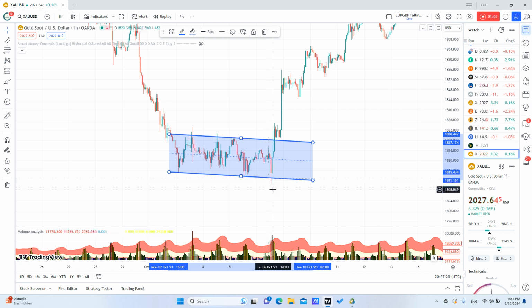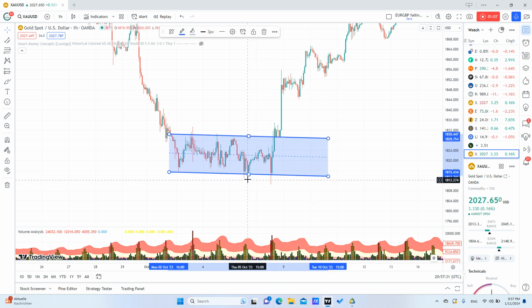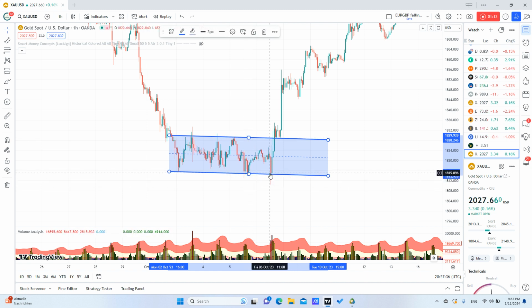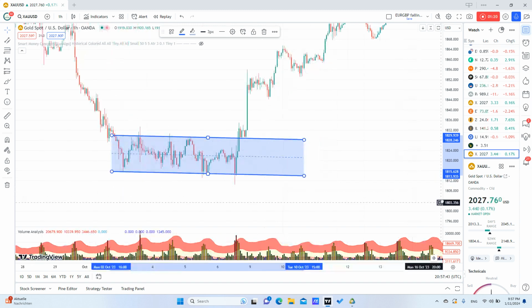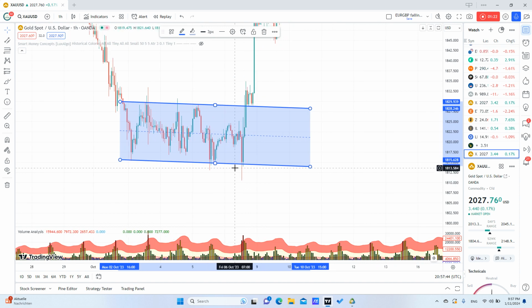It went first to induce you and take the liquidity from the buyers here. And of course, when it breaks out like this to the downside, some people may enter a short trade because they think that the support is broken.